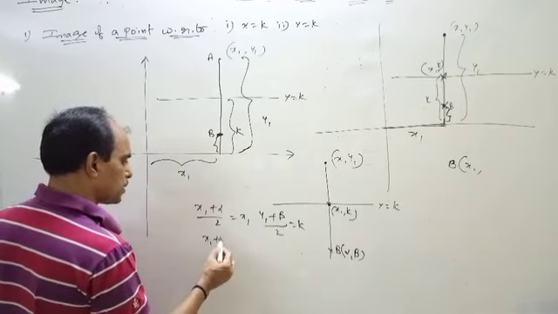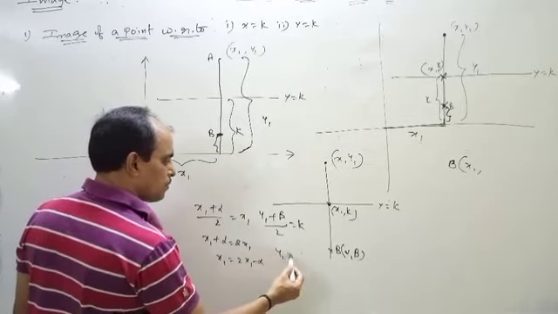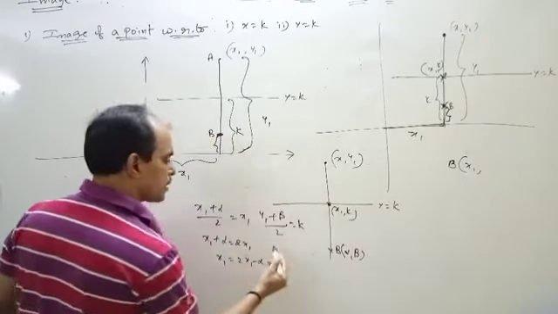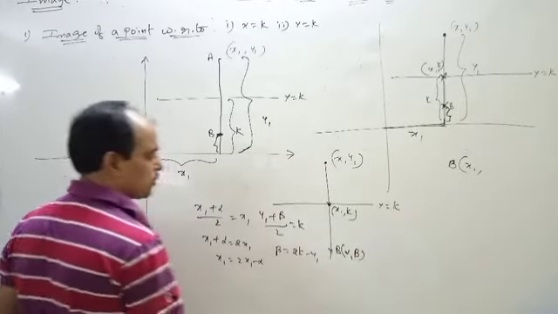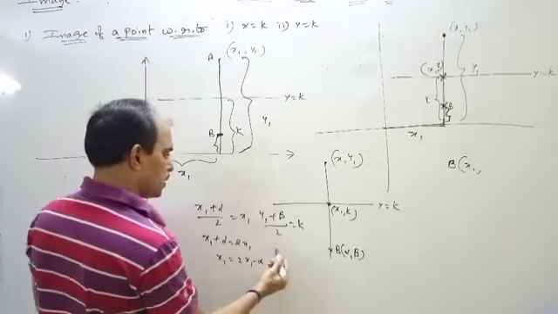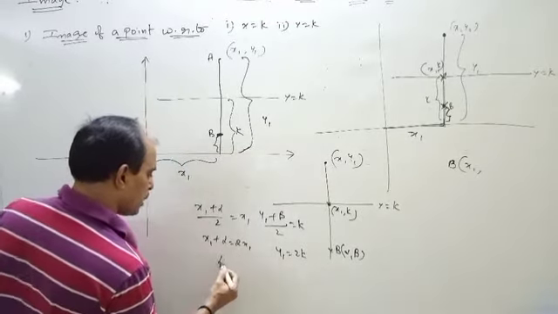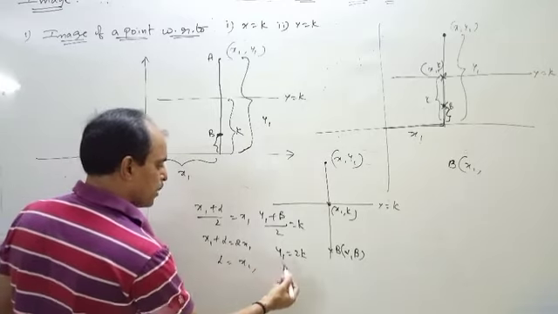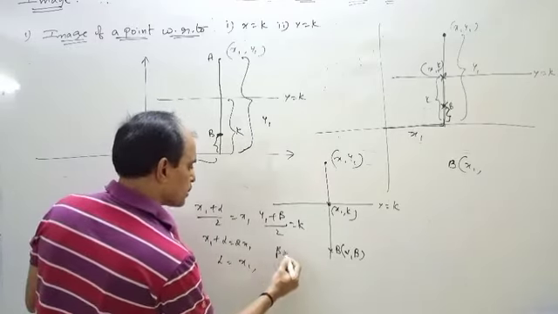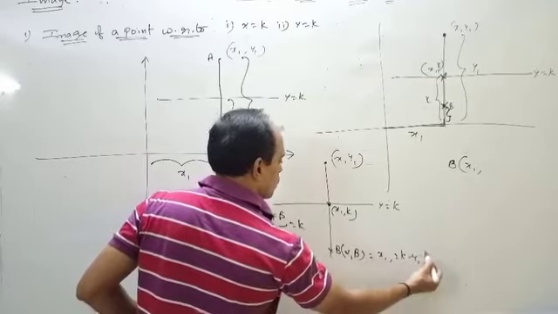Now x1 plus alpha is equal to 2x1, so alpha is equal to 2x1 minus x1, and y1 plus beta is equal to 2k, so beta is equal to 2k minus y1. So this point is x1 comma 2k minus y1.